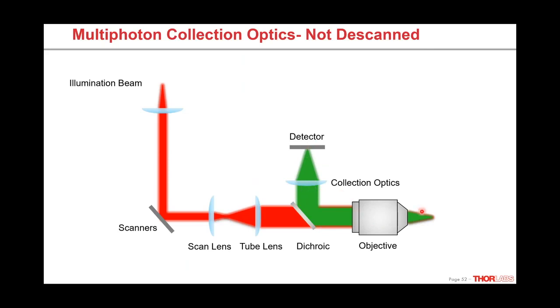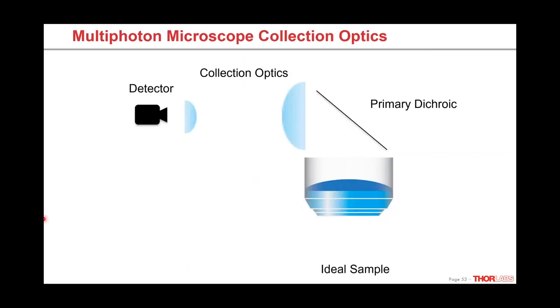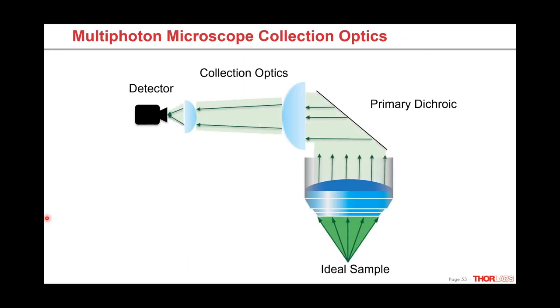And that is because every photon that comes out of the sample, we know was emitted from the excitation point of focus. Now, in an ideal sample, this is going to result in ballistic ray photons that are traveling in straight lines through the entire system and would be easy to collect and detect.